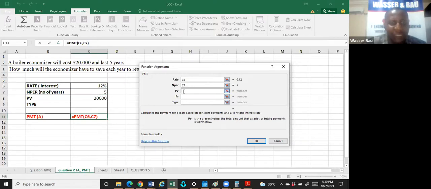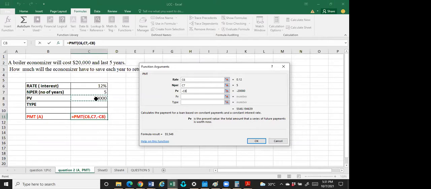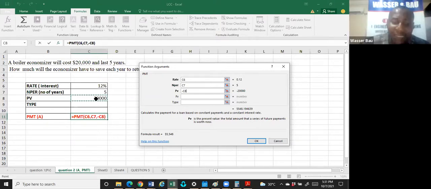And the present value of the project, the amount of money we are asked to invest, the amount of money that we are asked to bring out from our pockets, is minus 20,000. I put minus because the money is going outside my pockets, so that my answer will come back positive, something coming inside my pockets. So one must carry negative.